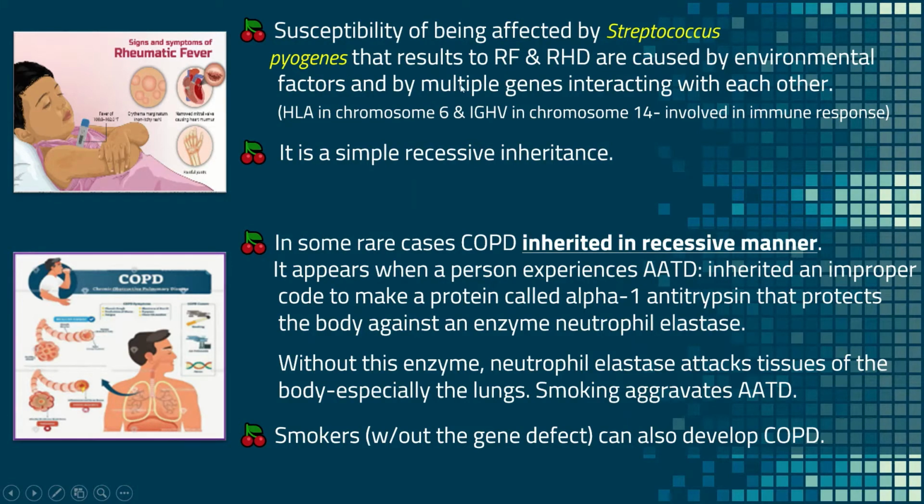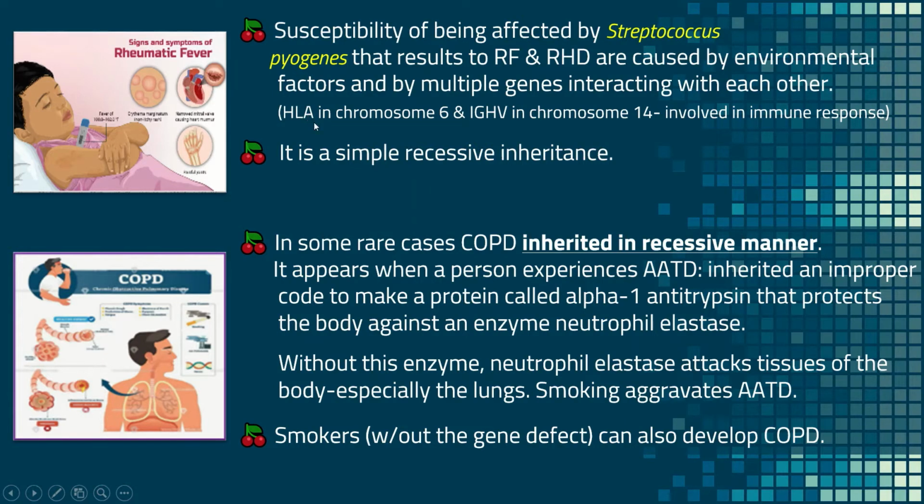Now, these genes are not directly related to RHD, but they somehow play an important role in how the body is affected and how specifically the heart is affected, and that leads to RHD.